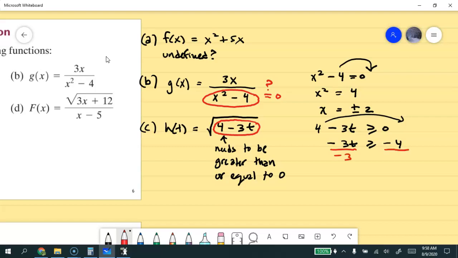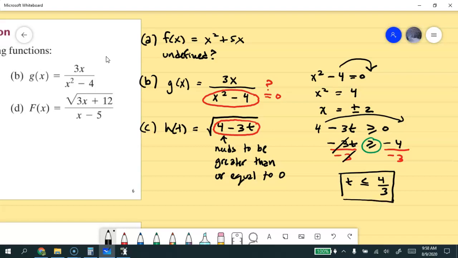Recall, when you divide or multiply in an inequality by a negative number, it causes the inequality to flip its sign. And so therefore you'll end up with t always has to be a number that is less than or equal to positive 4/3. All right, it's positive because negative divided by negative is positive.